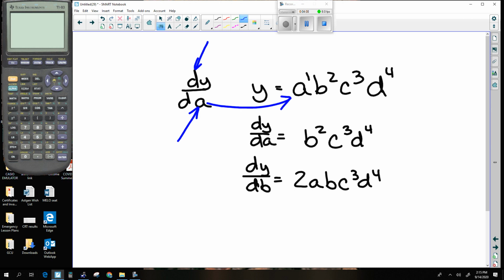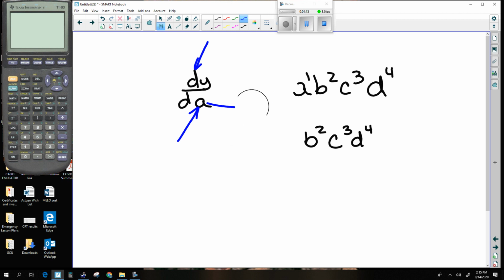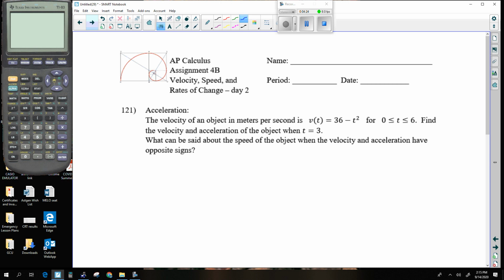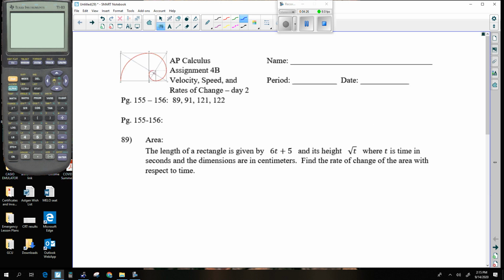It makes it really difficult if that bottom letter isn't what it's supposed to be. Not saying that it's impossible, but again, we're not to the point of implicit differentiation.